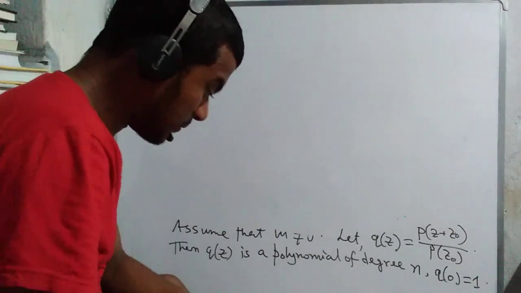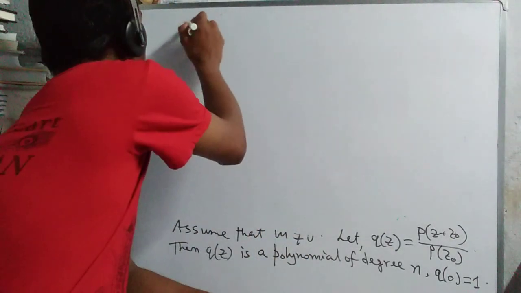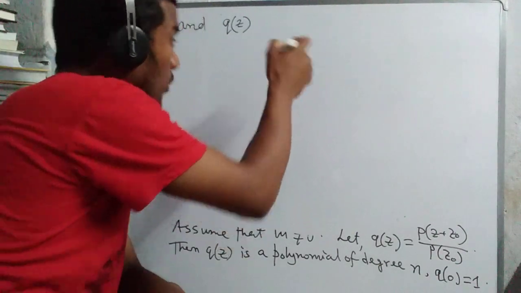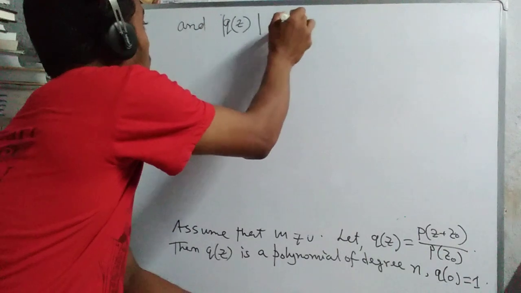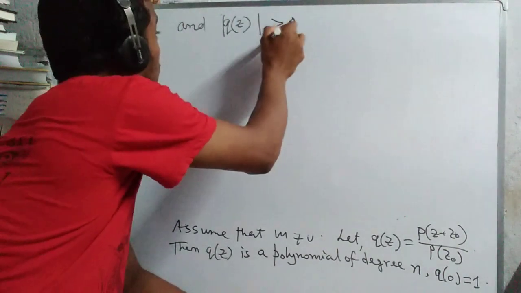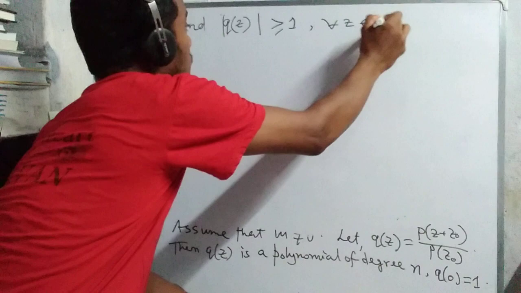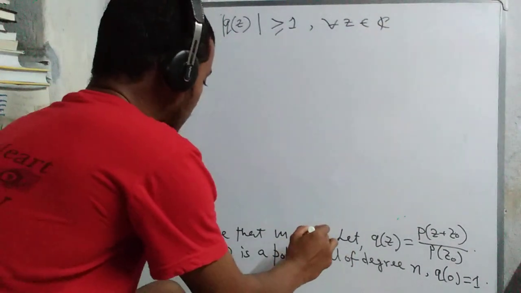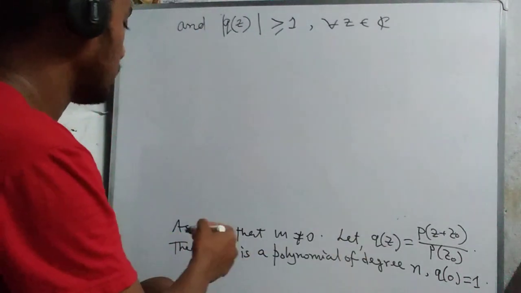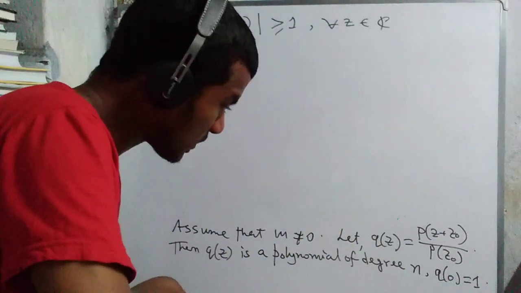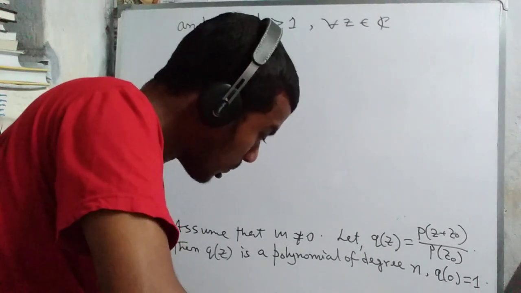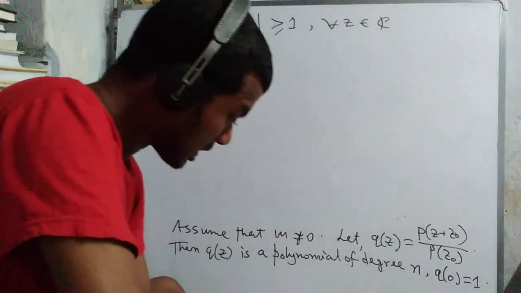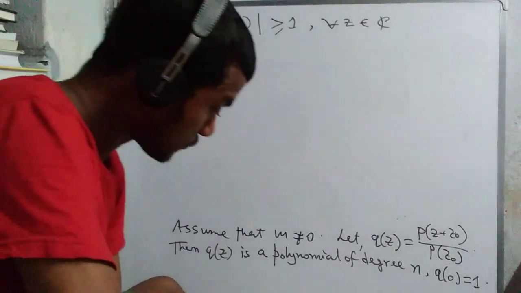Obviously, the modulus of Q(z) is greater than or equal to 1 for all z belonging to C. Assume that m is not equal to 0, and let Q(z) equal this. Then Q(z) is a polynomial with Q(0) equal to 1, and obviously it satisfies that modulus of Q(z) is greater than or equal to 1 for all z belonging to C.